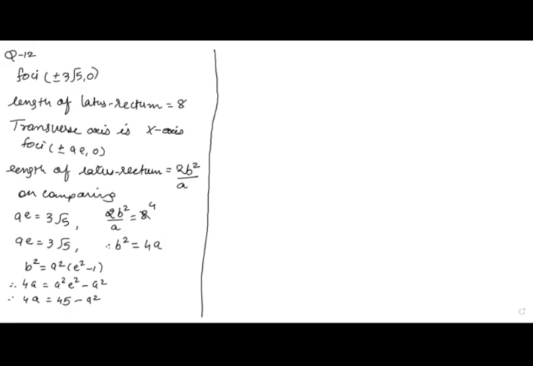Therefore, I can write this equation as a square plus 4a minus 45 is equal to 0.